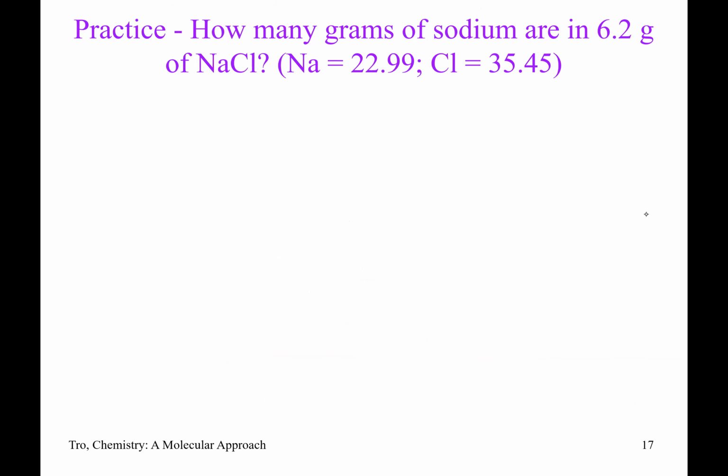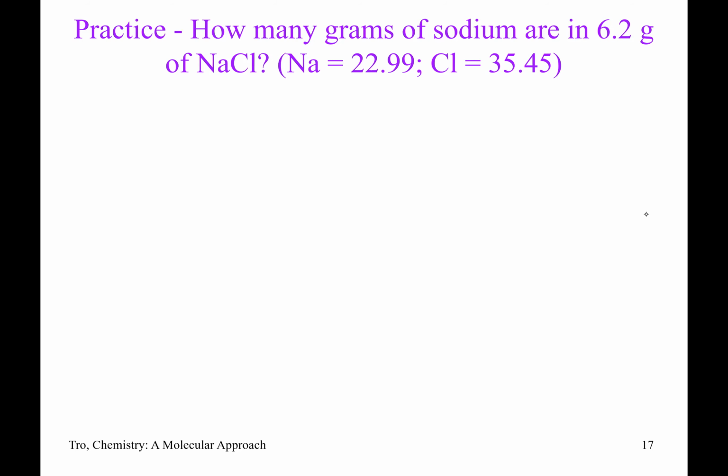Okay, how would you solve this problem? How many grams of sodium are in 6.2 grams of NaCl? So you have the mass of the compound and you want to find the mass of the element. First you need to know the percentage, or you need to know the moles, right?